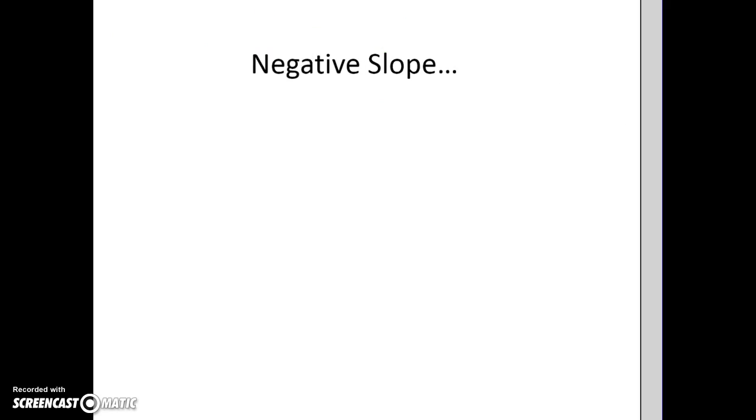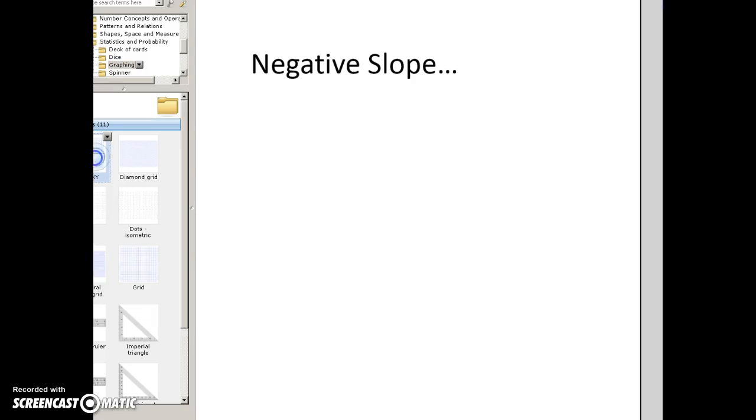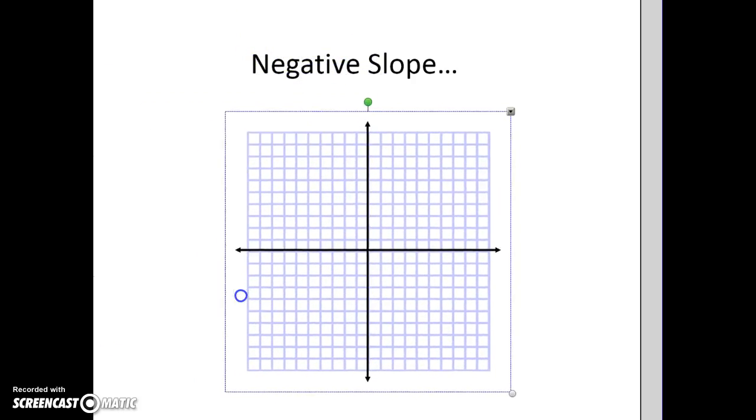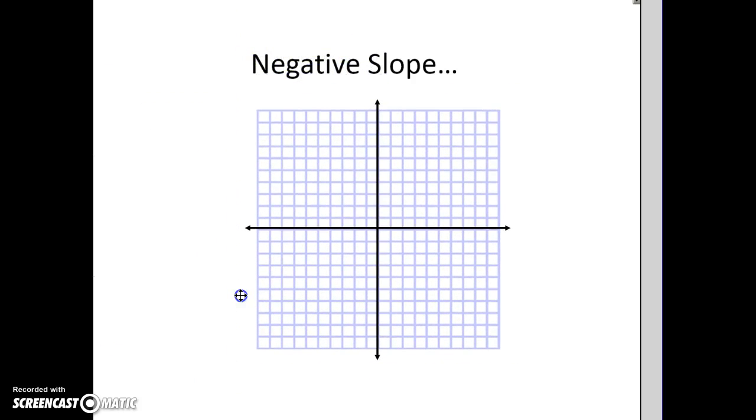Now a negative slope. Let's put a line on here again. Okay.